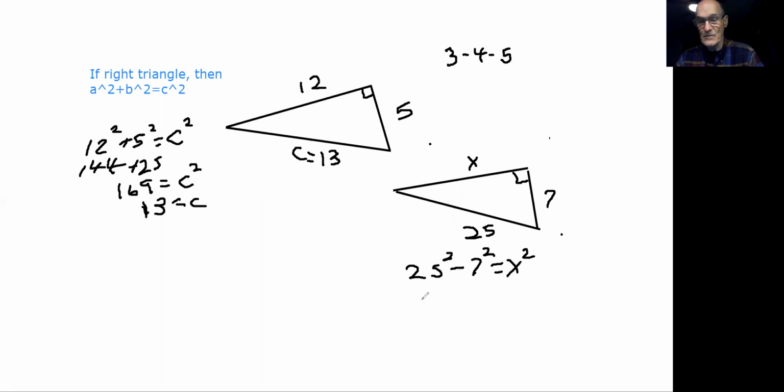And of course, this time you would have 625, which is 25 squared, minus 49, which should be about 576.